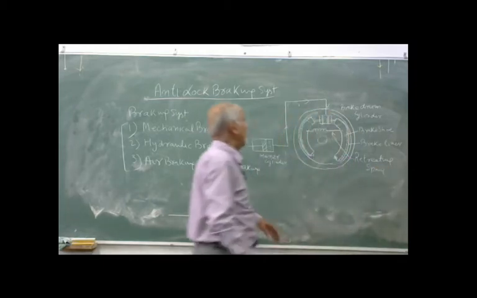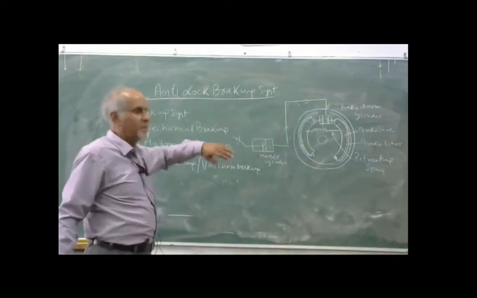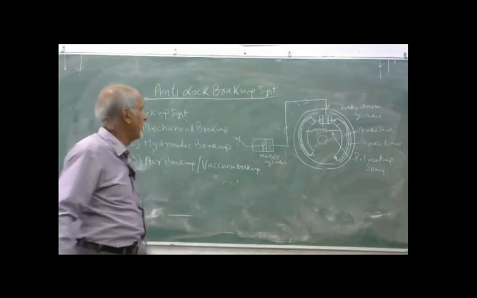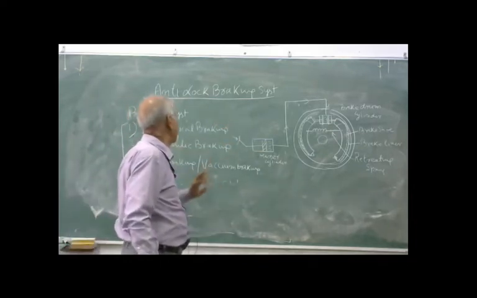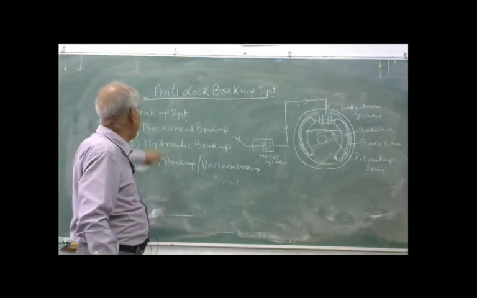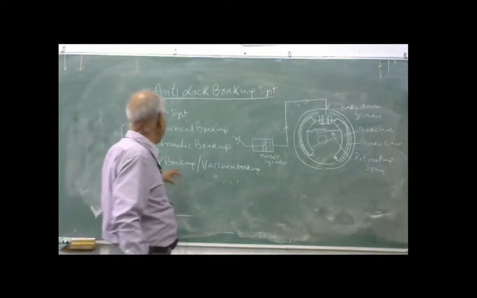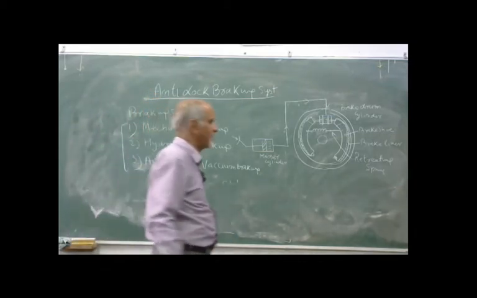In all the modern vehicles, this type of system is being used, and this is your hydraulic braking system. So, mechanical braking system, hydraulic braking system. Now the third one, air braking or vacuum braking, is also there.